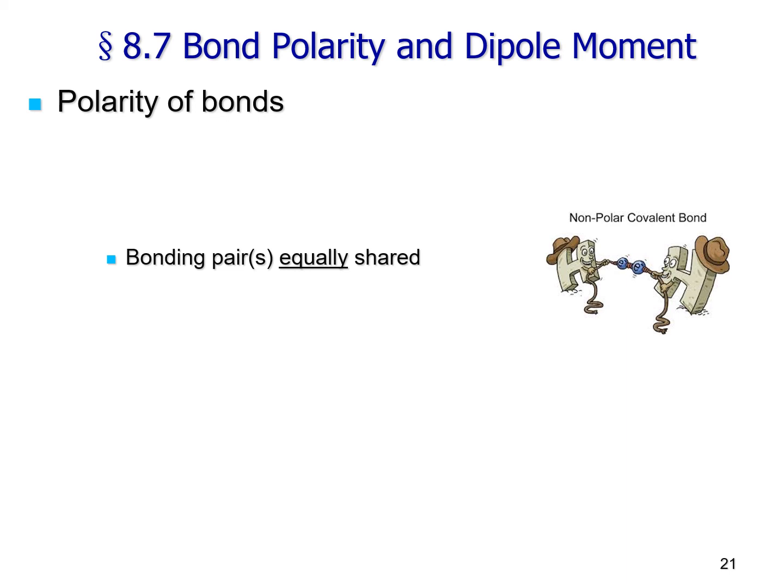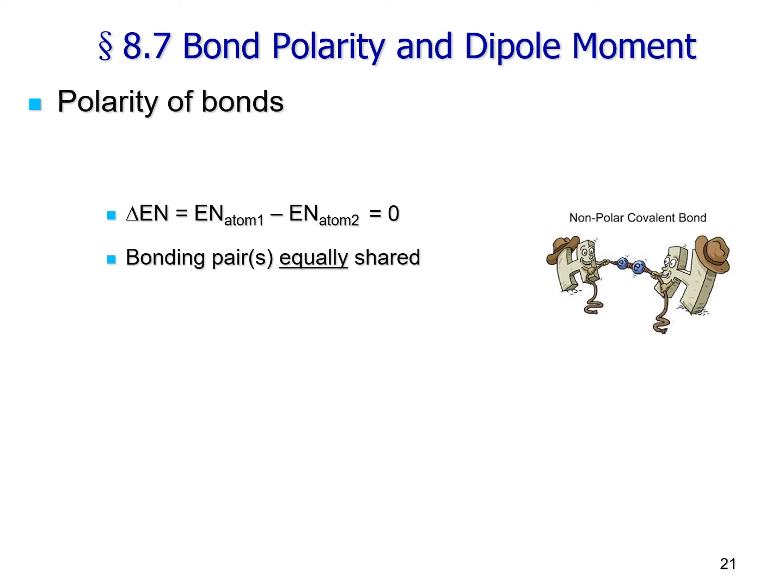The first one, we've got a bonding pair equally shared, like these 2 hydrogens, nice and easy. They're both smiling. Why? Because they feel very comfortable having the bonding pair equally shared with them. If we want to check the electronegativity between the bonding atoms, the difference is 0 because they're the same atom.